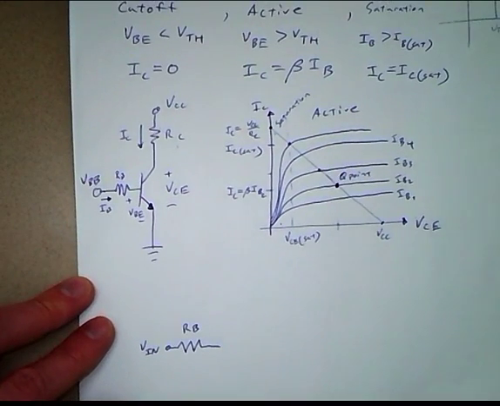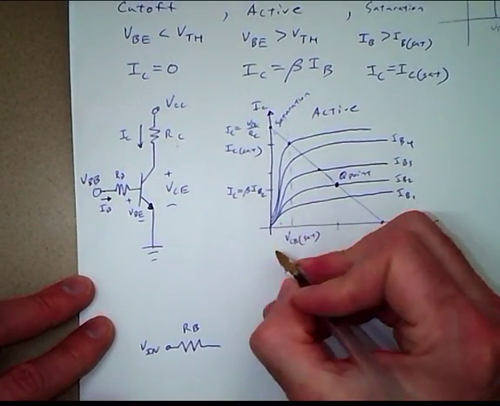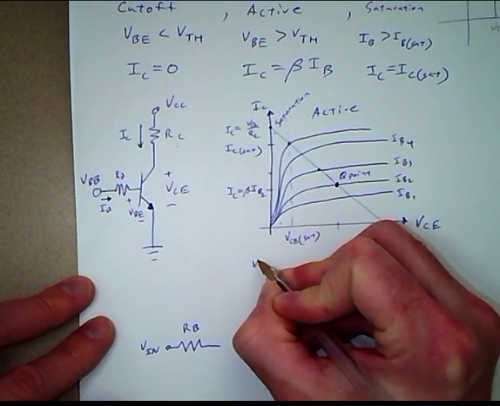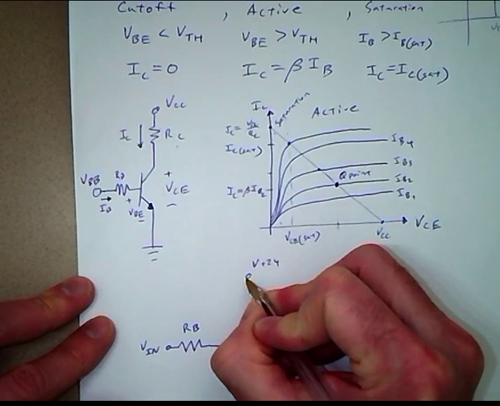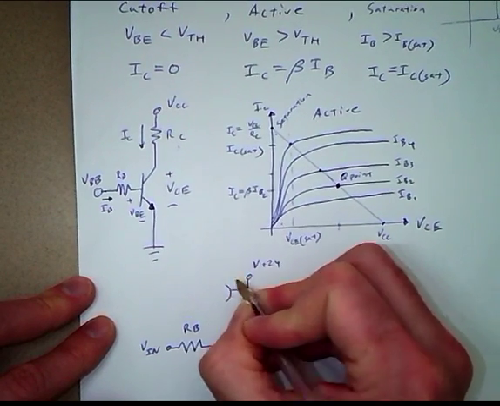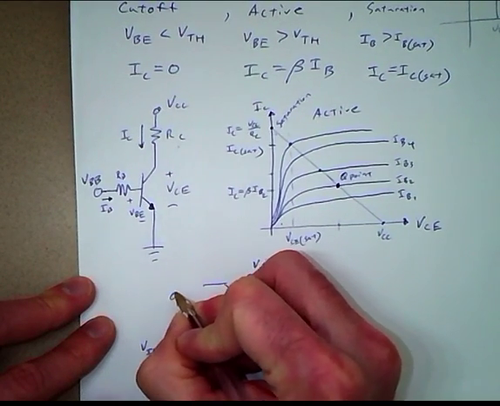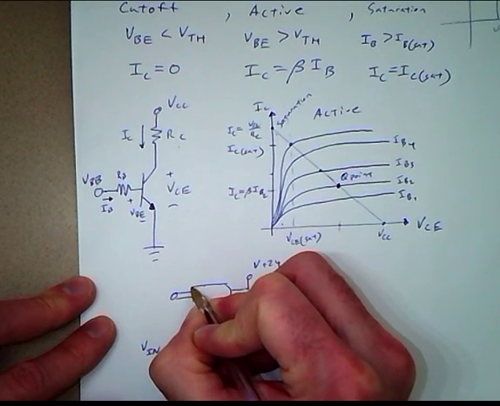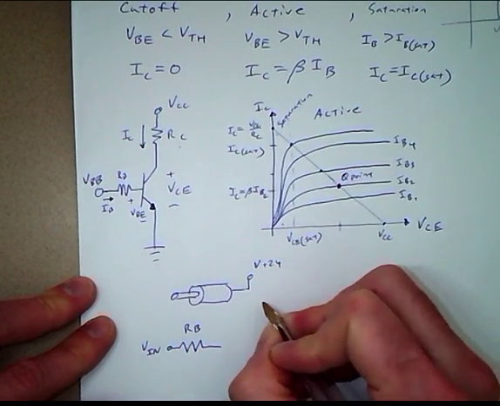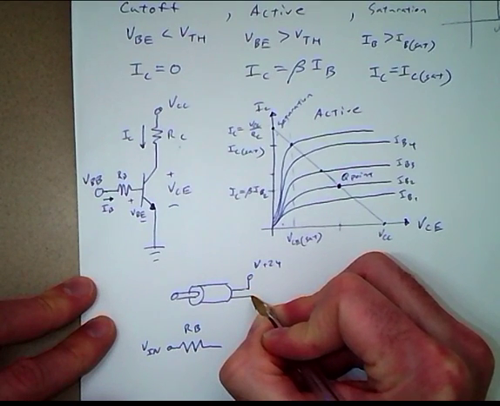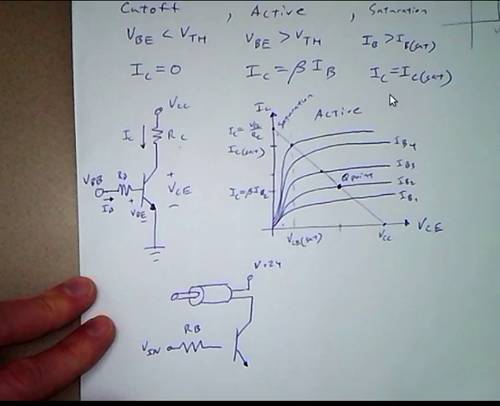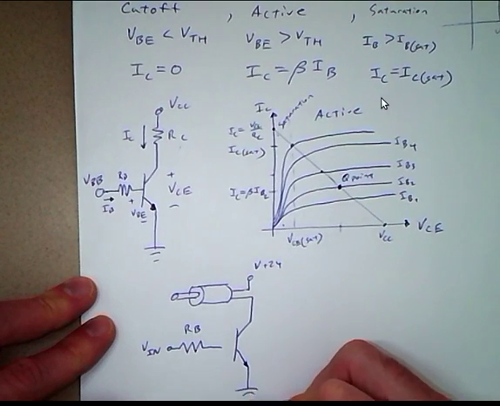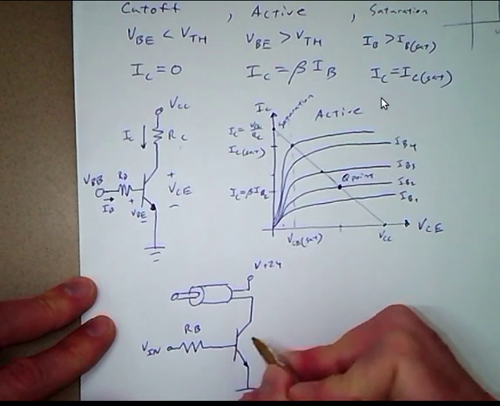Now the solenoid might operate off of 24 volts and the microcontroller supplies 5 volts. So there's our solenoid, our bipolar junction transistor, in common emitter configuration.